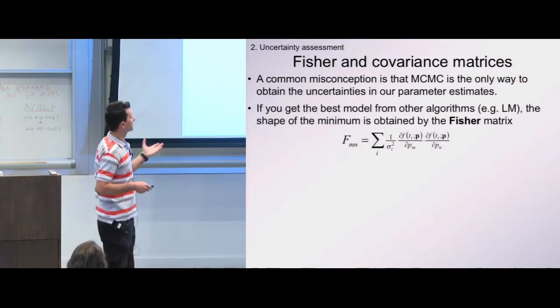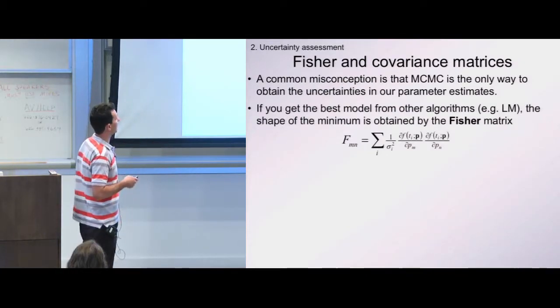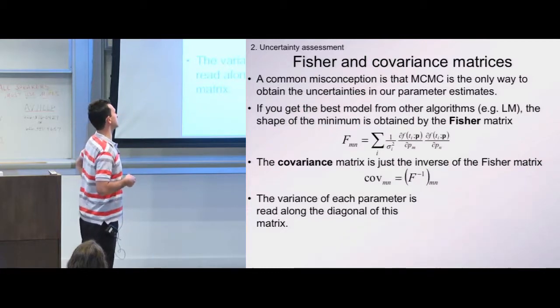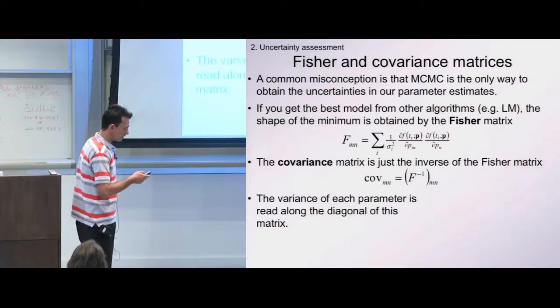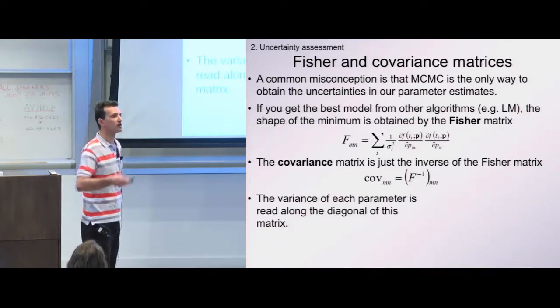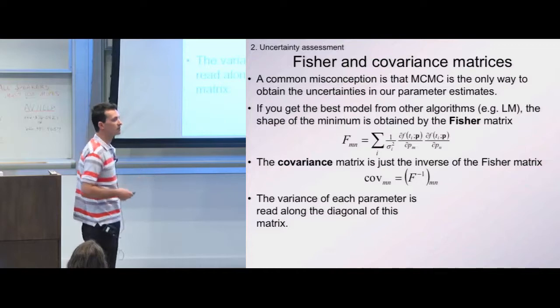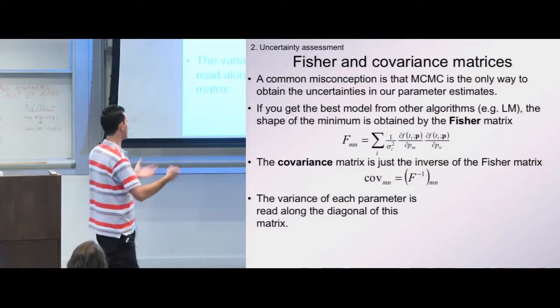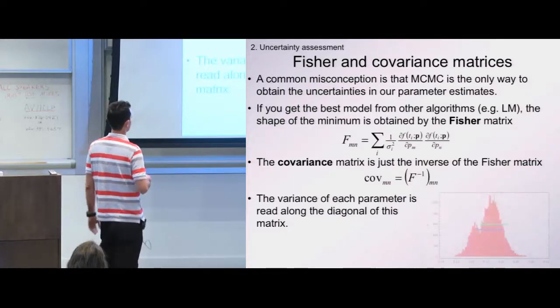The Fisher matrix is just a matrix of the derivatives of the model calculated in this way. It turns out that the covariance matrix is just the inverse of this Fisher matrix. In the end, you can read the variance of each parameter along the diagonal of this matrix. So this is a very quick way to assess the uncertainties once you have the best model, whatever the minimization algorithm you use, even if you don't have your Markov chain.